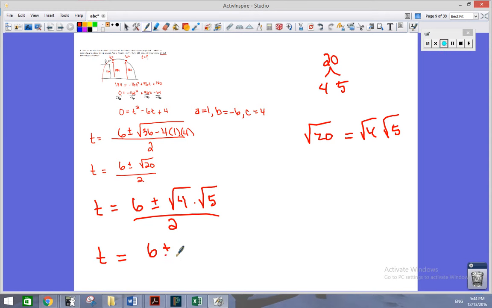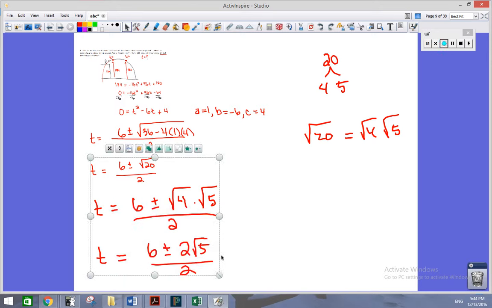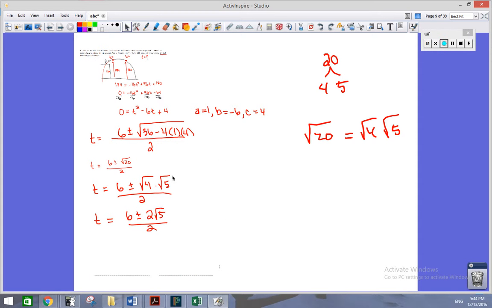I've got 6 plus or minus 2 radical 5 divided by 2. I'm running out of room. All these are even numbers. In the numerator, if I factor out a 2, I'll have 3 plus or minus radical 5 all divided by 2.